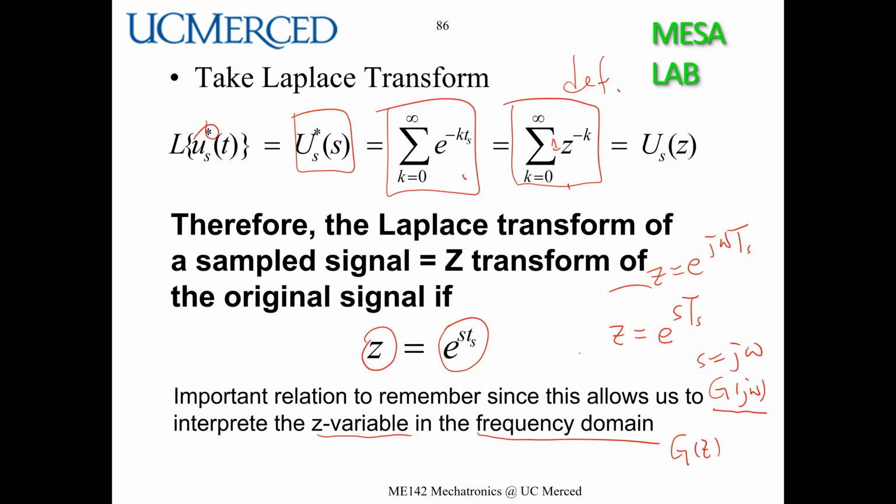So you put this one in here, you can still compute the frequency response. You still have a magnitude and phase. You can do Bode plot as well. So this is beautiful. I'm so glad that we cleanly arrived at this step.